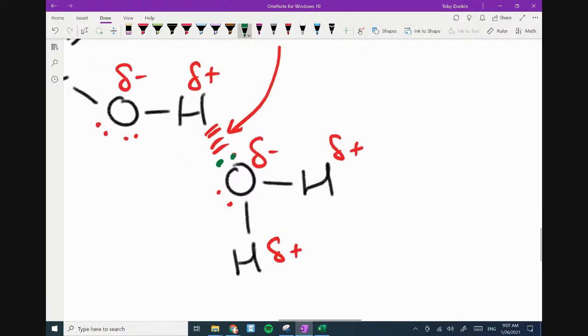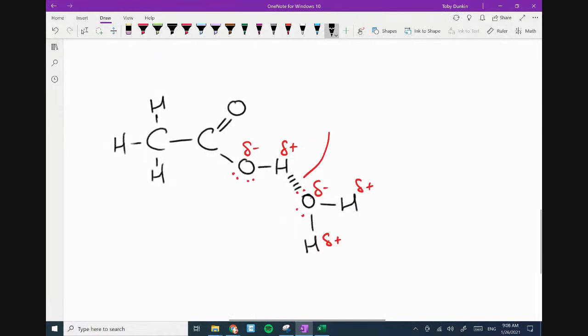The most common mistake is that people draw this image, put their lone pairs here, and then their hydrogen, and that's wrong. In reality the hydrogen is living inside the orbital of those lone pairs, hence why it's so important. So the bond must leave from that lone pair. There's your hydrogen bond, and we're done. That's an HB.